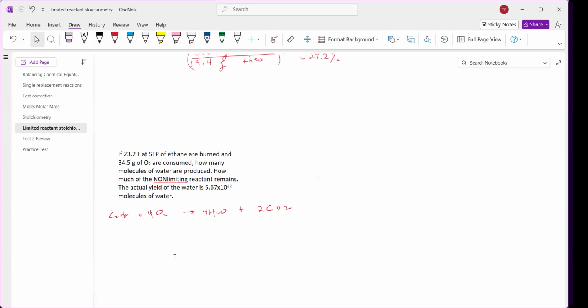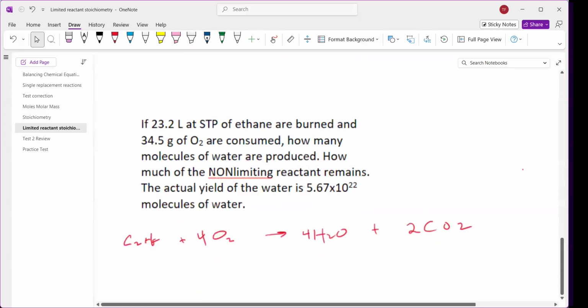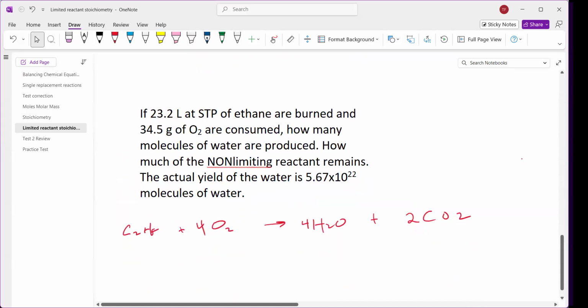So this one here is: 23.2 liters of ethane at STP are burned, and 34.5 grams of oxygen are consumed. How many molecules of water are produced? And then how much of the non-limiting reactant remains?